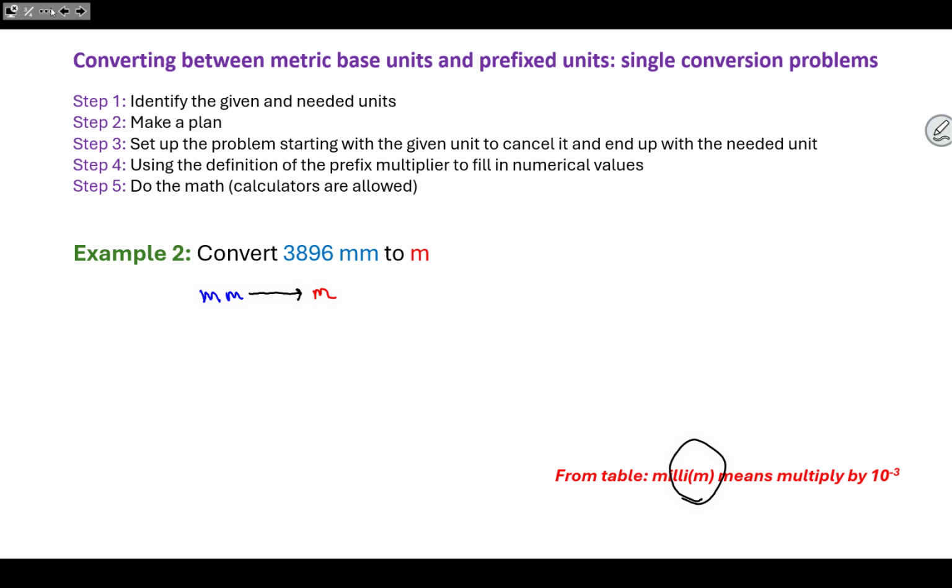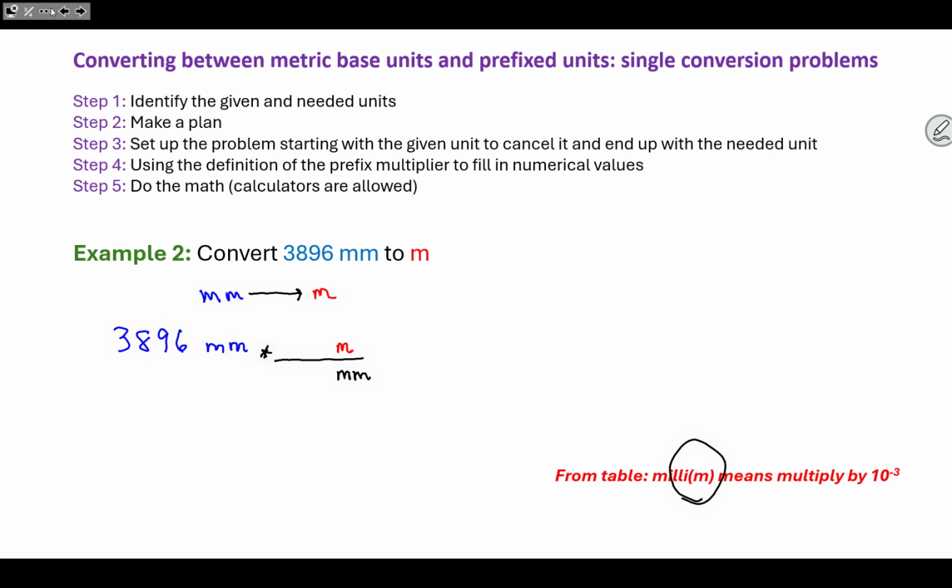I'm going to start with my given, which is 3896 millimeters. I'm going to set up my conversion factor. I need to get rid of millimeters, so it goes on the bottom, and I'll be left with my meters on top.